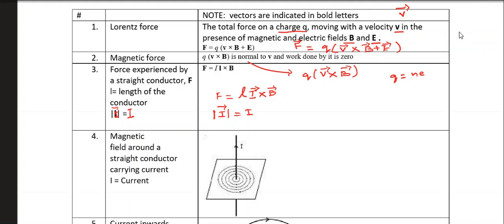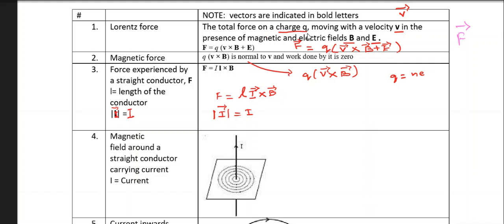For instance, if F is the force, then it can be represented as F vector, force vector. Now, what is Lorentz force? The Lorentz force is the total force on the charge Q.